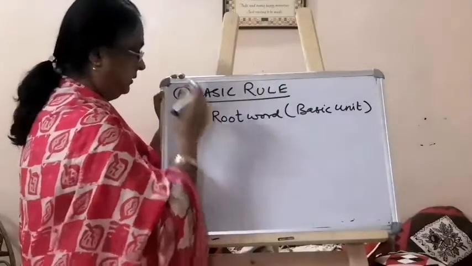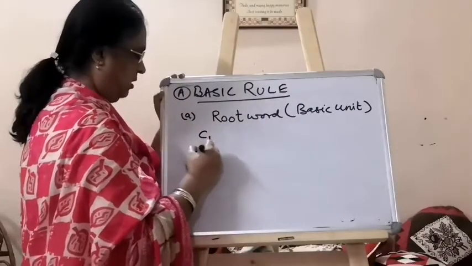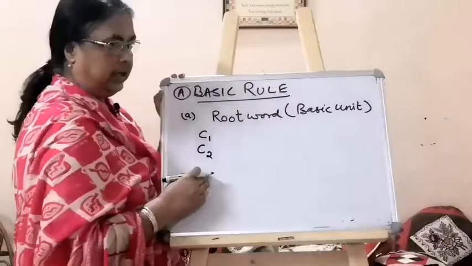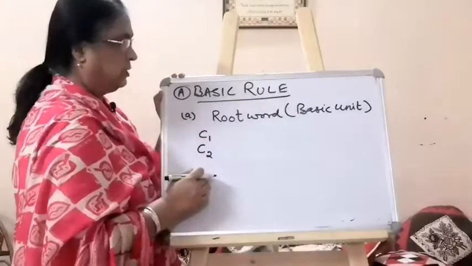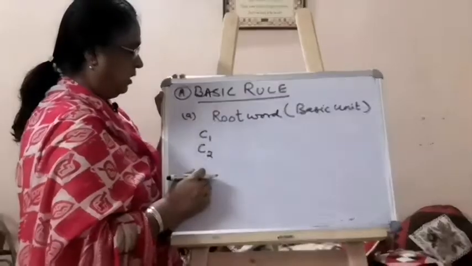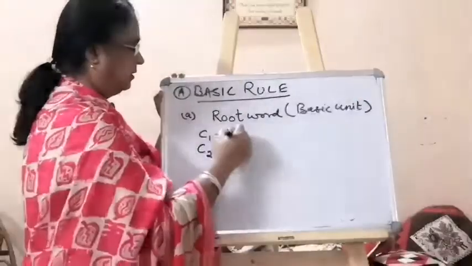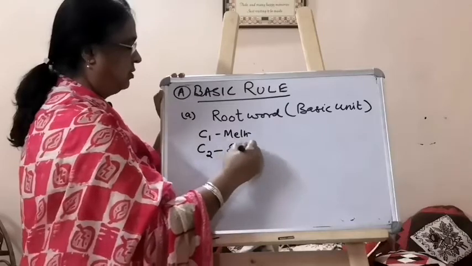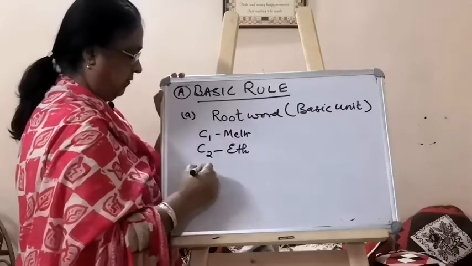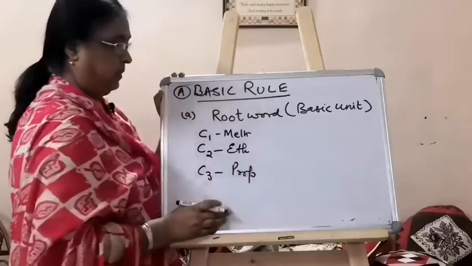So the root word, from carbon 1, carbon 2, I will not take in detail because you have done this in class 10, and you will use that same thing. If carbon 1 is there, we use the word meth, and when 2 carbons are there, we use the word eth, and when 3, then we use the word prop, and so on.